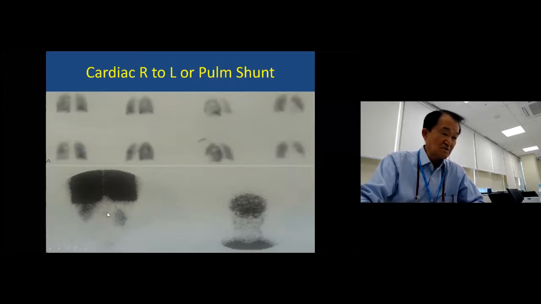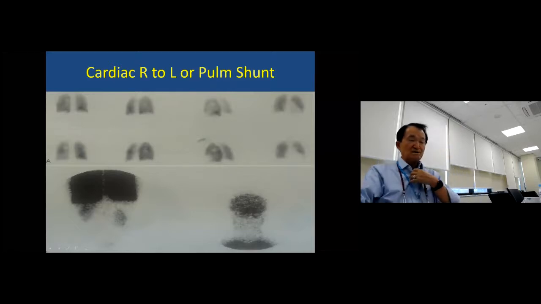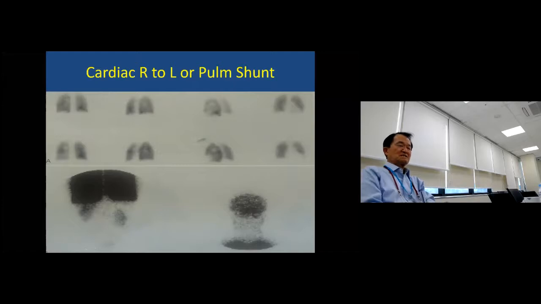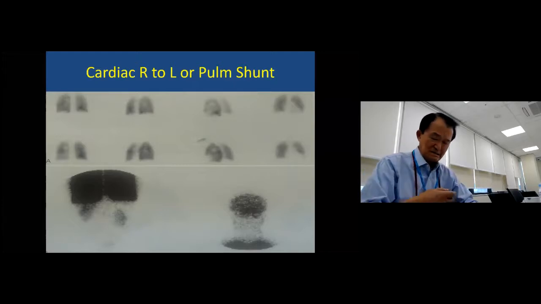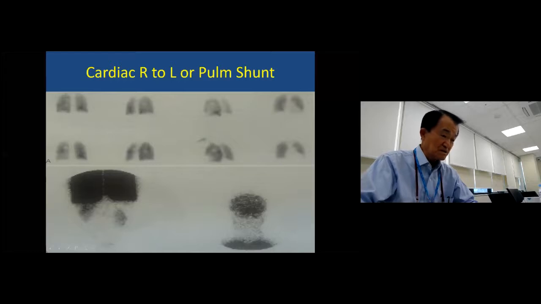Now, always check to see any kidney activity. Once you see kidney, you have to look at the brain, because there is a right to left shunt, either cardiac or pulmonary. Pulmonary shunt usually occurs in patients with chronic cirrhosis, at a VA hospital, alcoholics. They do have a pulmonary shunt. If the pulmonary shunt is a lot more than a certain minimal amount, it can cause a stroke.